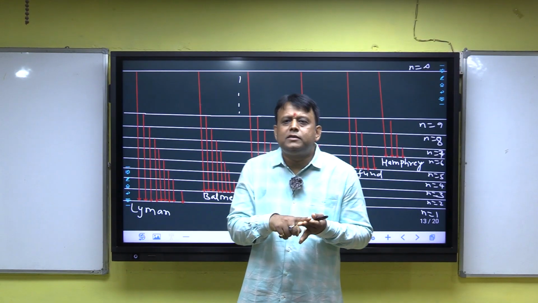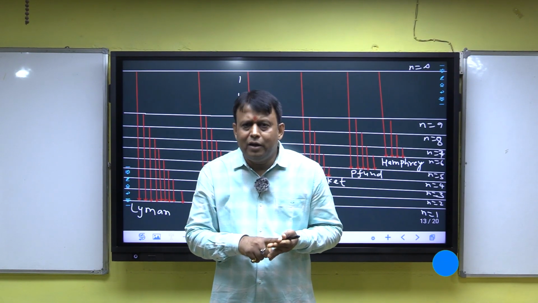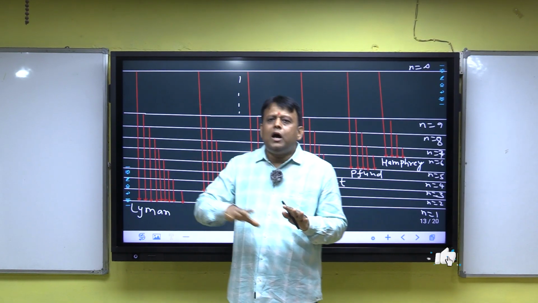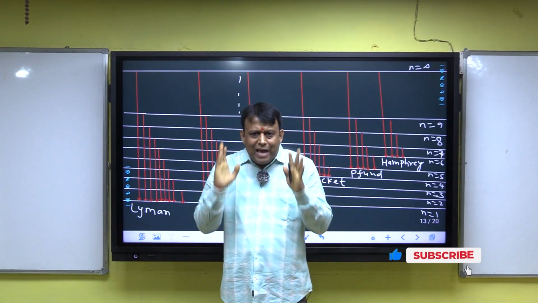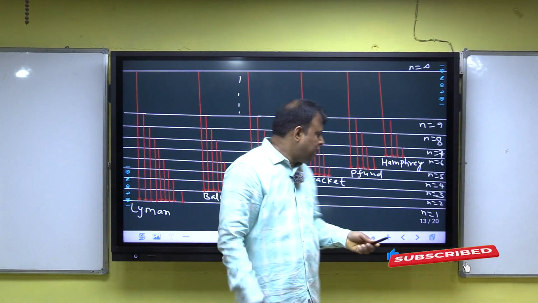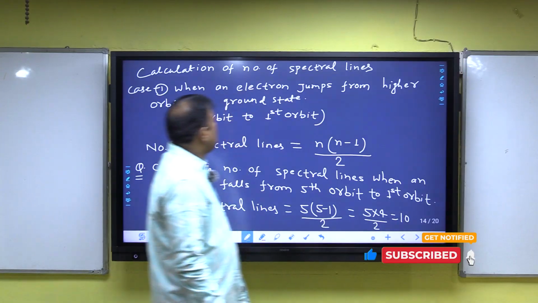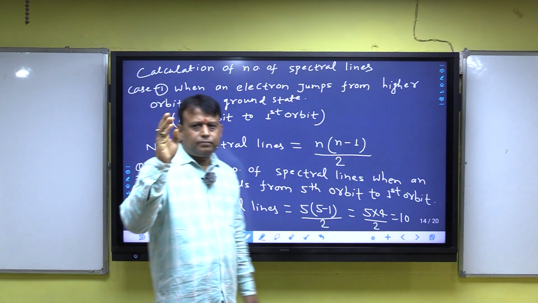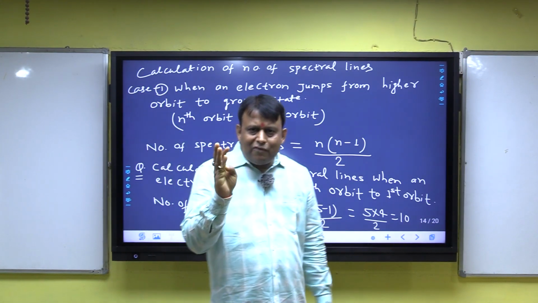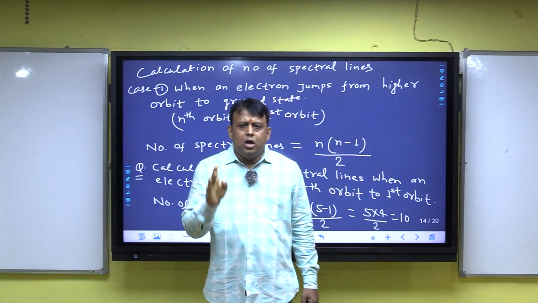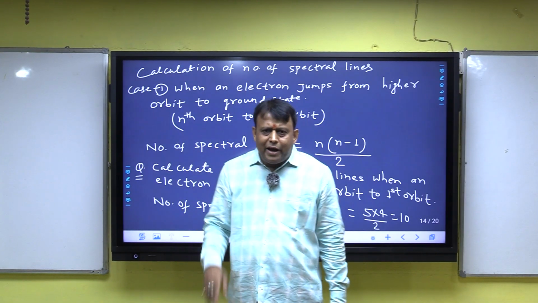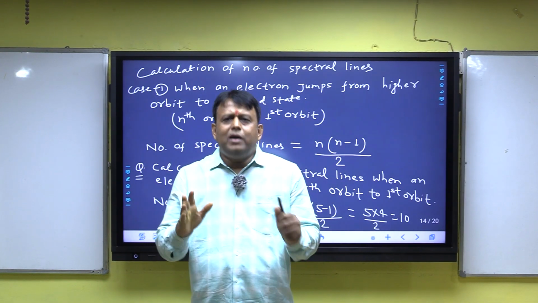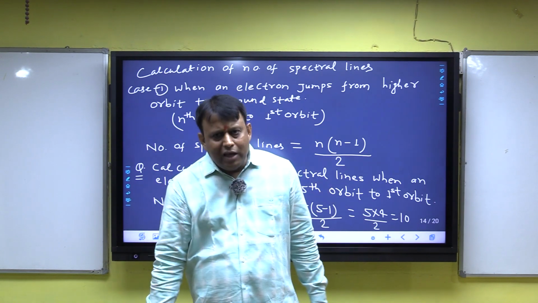Pfund, Humphreys are far infrared, and it depends upon wavelength. Again I am repeating, Lyman series ultraviolet, Balmer visible, Paschen, Brackett infrared, and Pfund, Humphreys are far infrared.